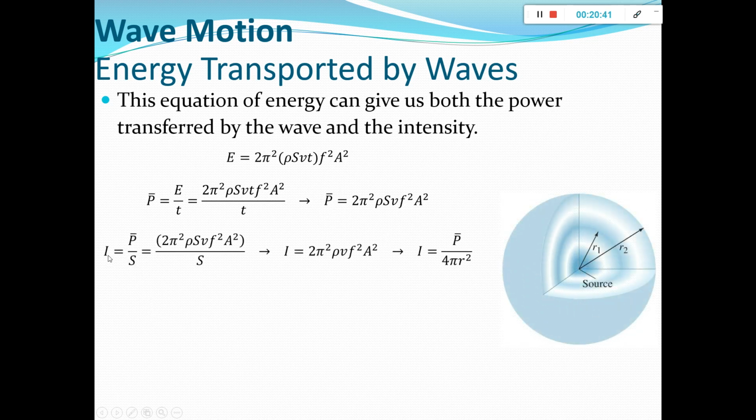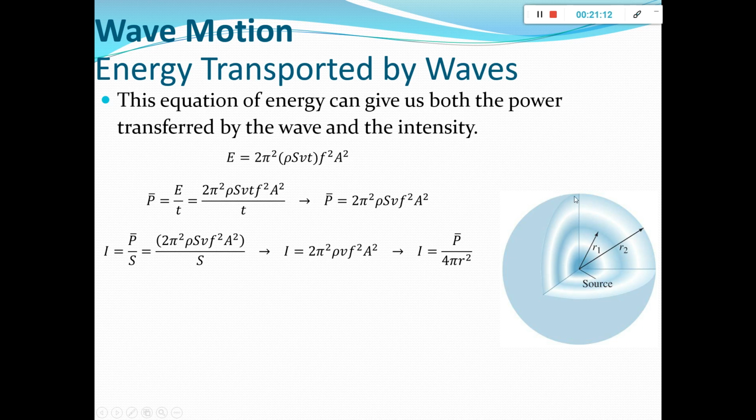And then another thing that we're going to talk about is intensity. The intensity is this power which is being given off by the wave, divided by the surface area that it's traveling around. This can be thought of like a source that's emitting a wave, something like a speaker emitting a sound wave going in all three directions.